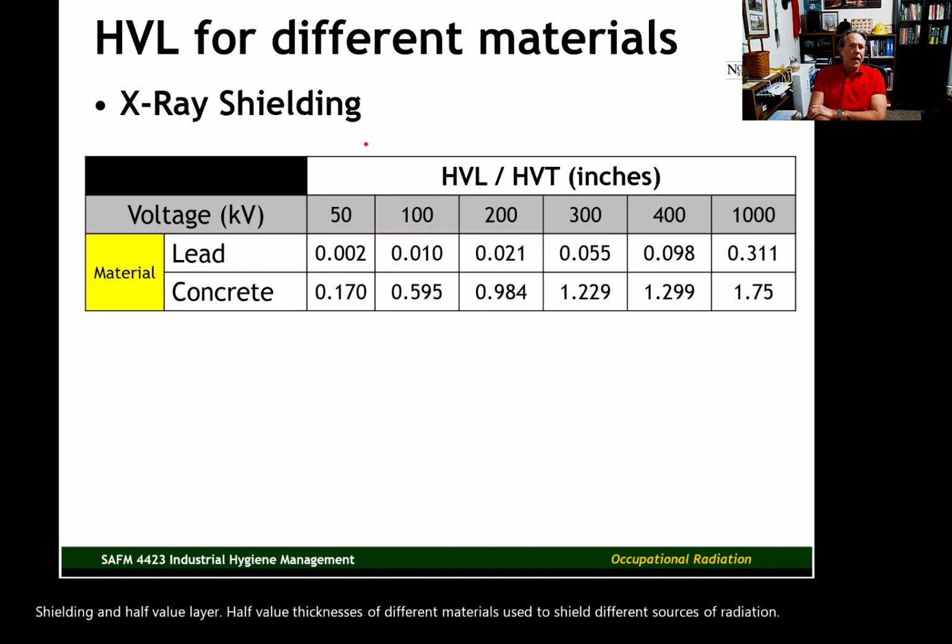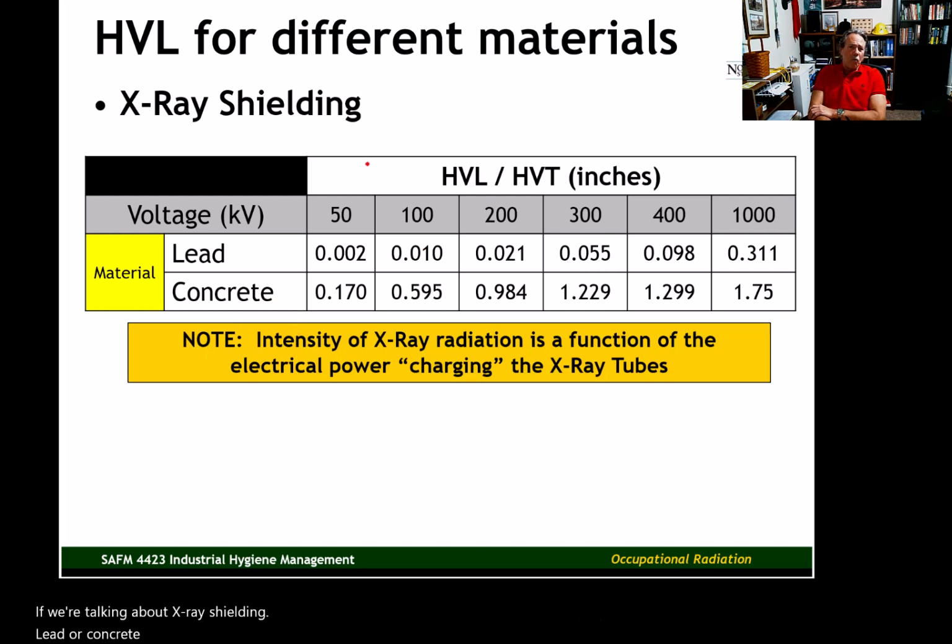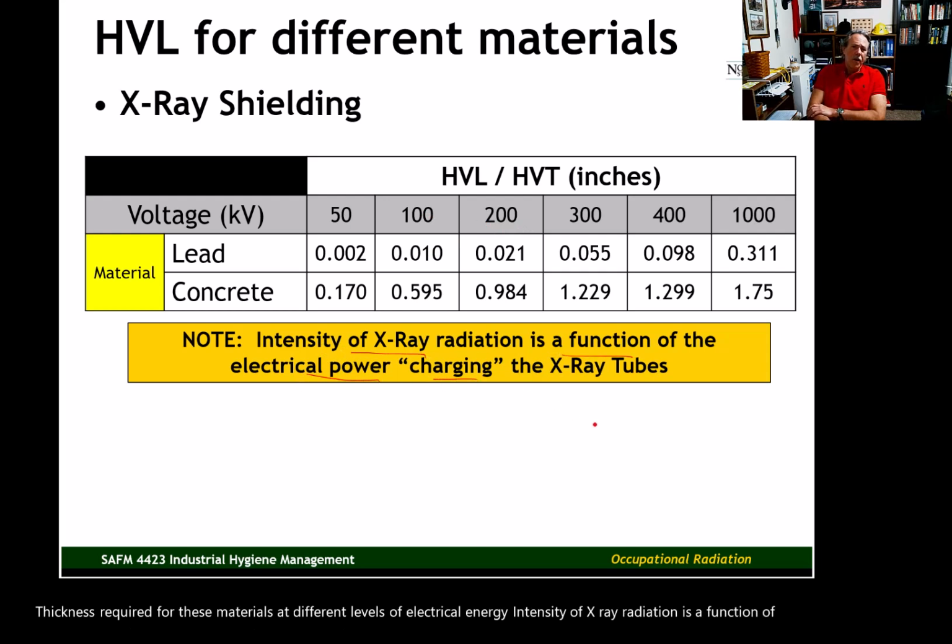Now, if we're talking about X-ray shielding, lead or concrete is commonly used. What we have in this table is the shielding thickness required for these materials at different levels of electrical energy. Intensity of X-ray radiation is a function of the electrical power charging the X-ray tubes.